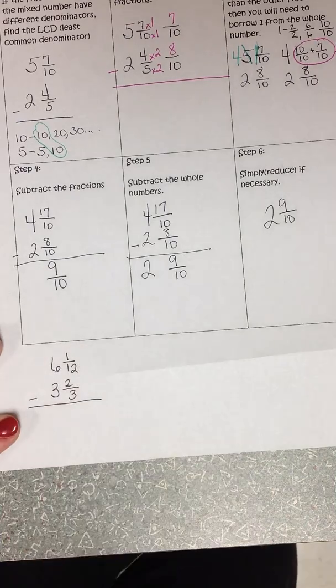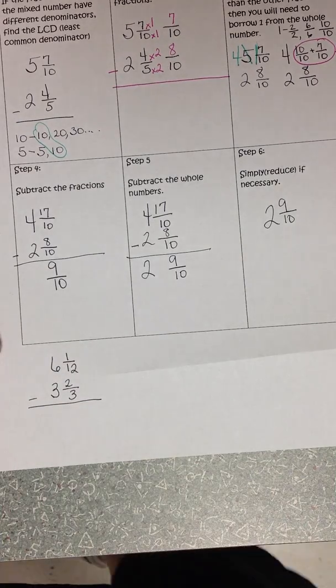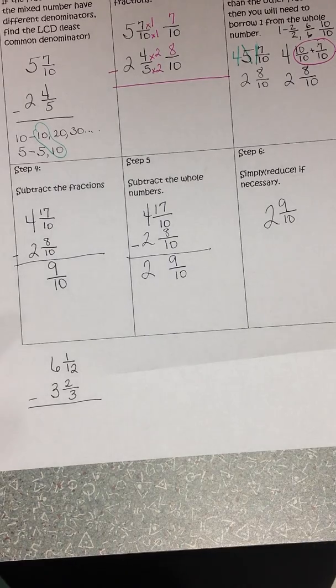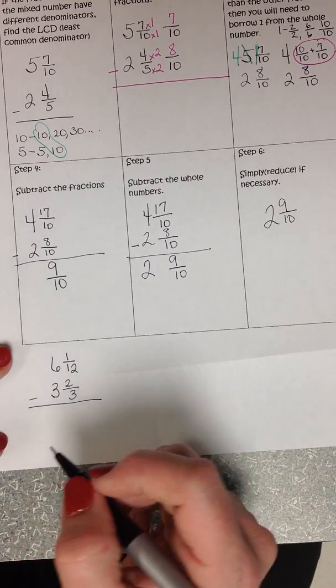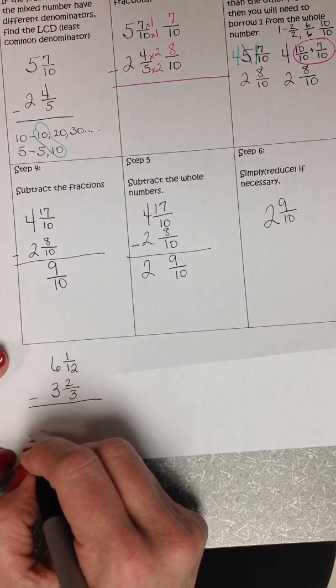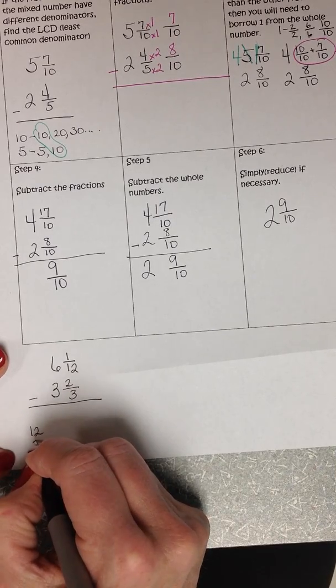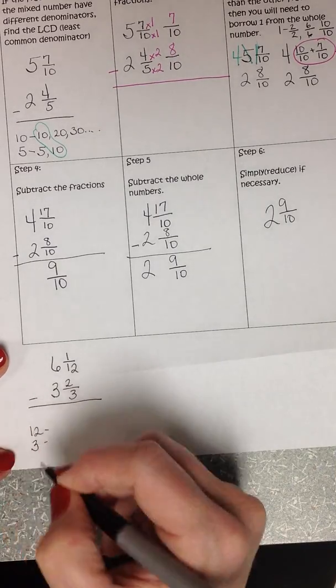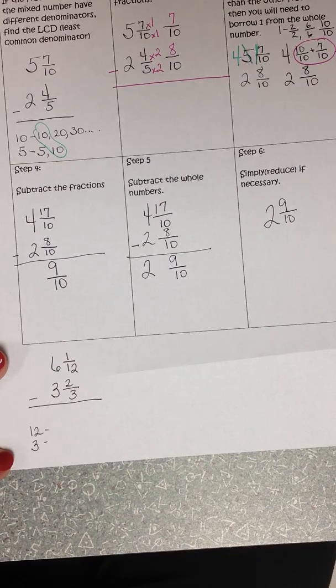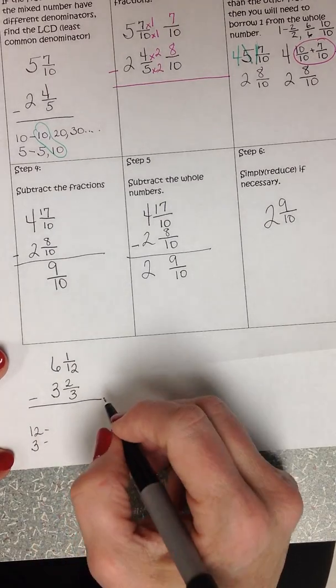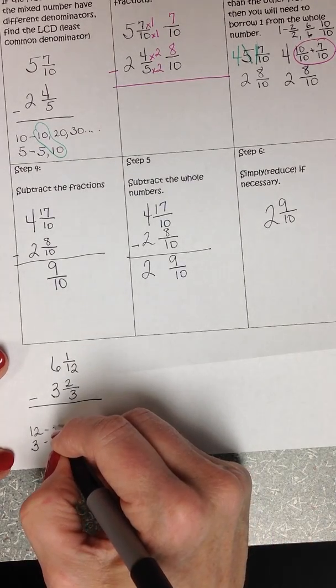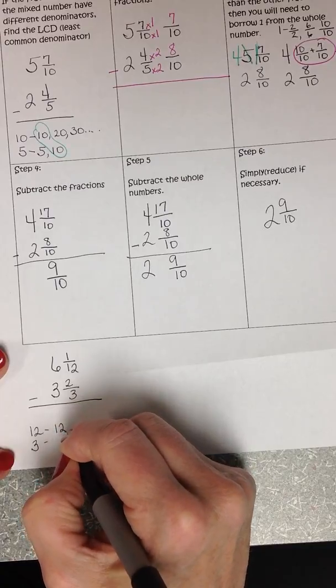I am subtracting, so what you need to do is find the LCM or the LCD. So I'm going to take off my 12 and my 3. Some of you can do this in your head, and that's fine. If you know that my LCM is 12, then you don't have to write this down.